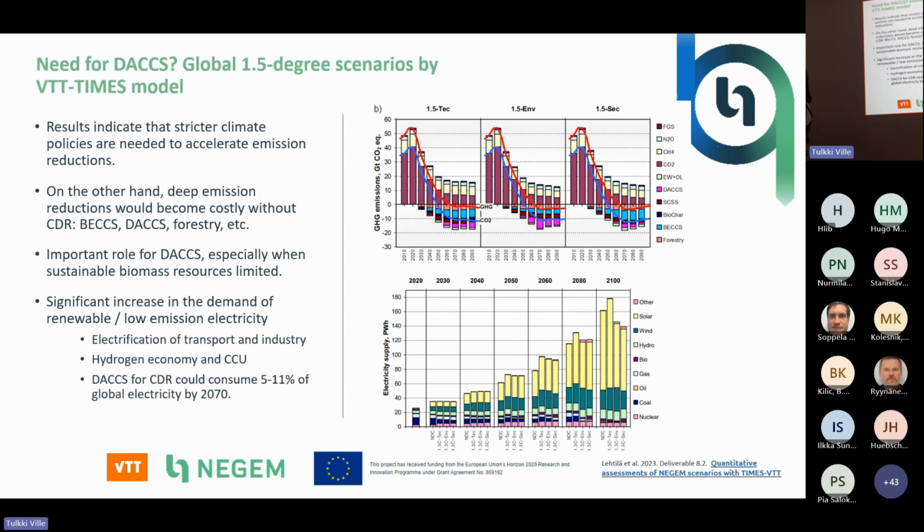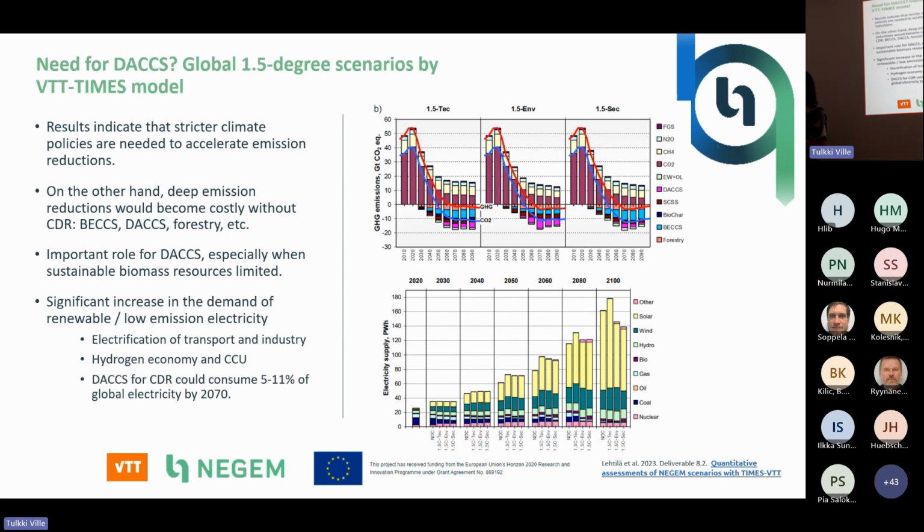And in the second scenario, in the middle figure here, we strictly limited the biomass availability due to some sustainability concerns. And there you can see that the role of DACs, the pink column, becomes even more important than in the other scenarios.